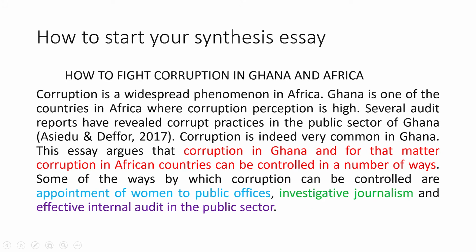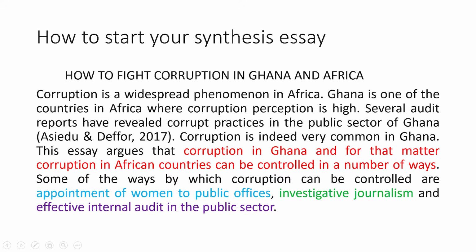Corruption is a widespread phenomenon in Africa. Ghana is one of the countries in Africa where corruption perception is high. Several audit reports have revealed corrupt practices in the public sector of Ghana (Asiedu, 2017). Corruption is indeed very common in Ghana.